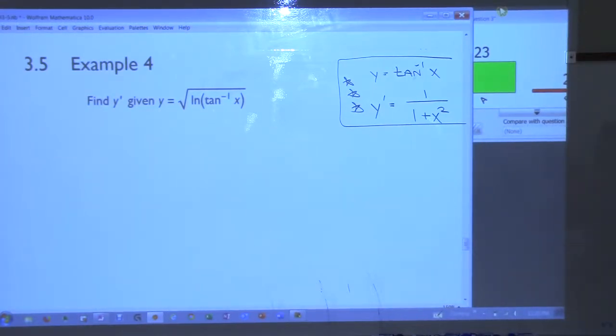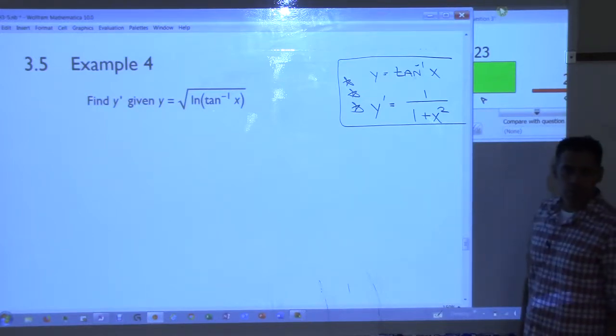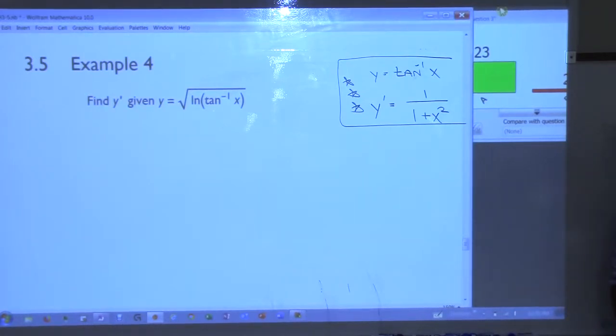The derivative of arctangent of x is 1 over 1 plus x squared. I'm only going to give you maybe another minute to try and get that derivative.